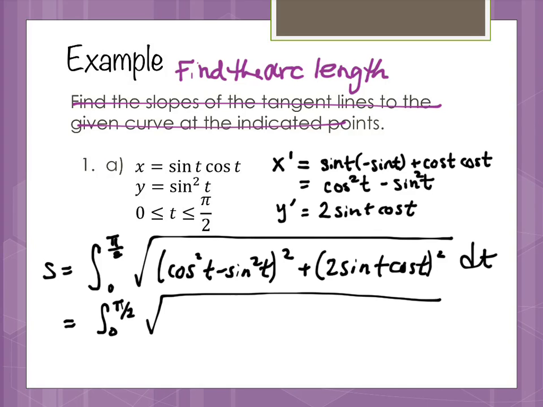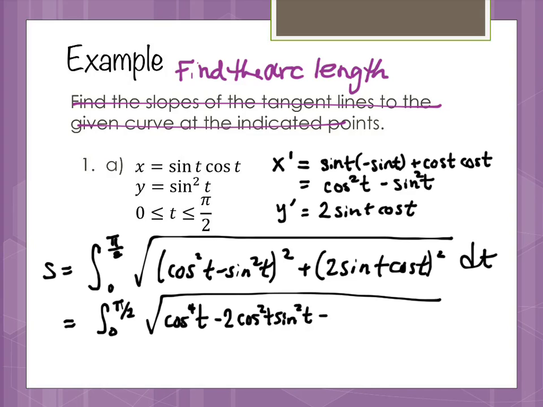So what am I going to get when I square these things out? First, I've got cosine to the 4th, right? What's my middle term going to be when I FOIL? It will be a cosine squared sine squared. Good. Minus 2 cosine squared t sine squared t.